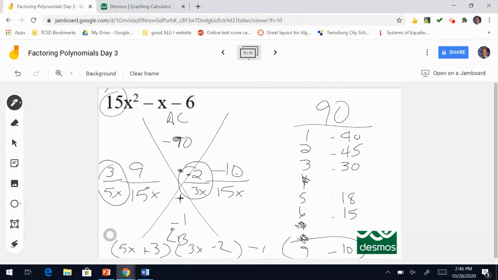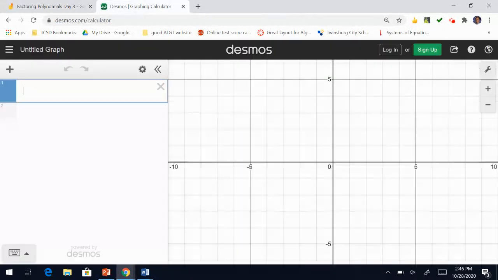All right. So if you look here, I have Desmos right there. So what we can say is what multiplies to these two values and adds to negative 1. All right. So what two numbers, we're going to call those x and y. X and y multiply to what? Negative 90. And then x plus y equals negative 1.